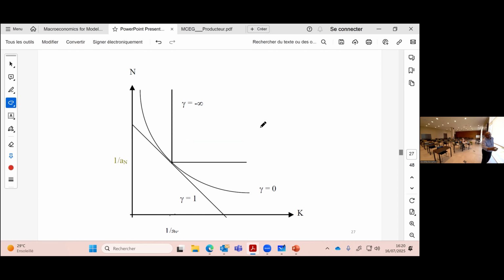When we have the isoquant something like that, here you have a Leontief, because there is no substitution, it's a strict complementarity. Here we have a strict substitution, and between the two, we have many possibilities, a continuum of values of the elasticity of substitution. The particular one is when sigma equals 1, in this situation, gamma equals 0, and we have the Cobb-Douglas specification.